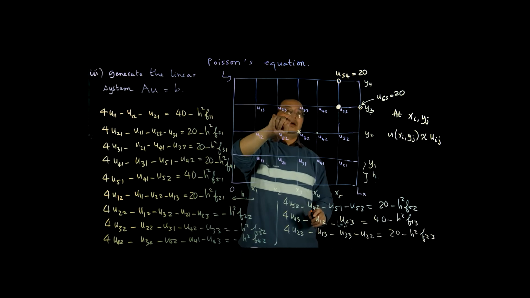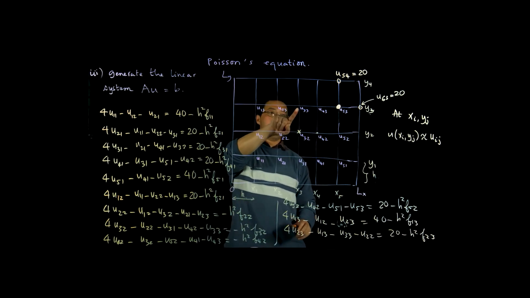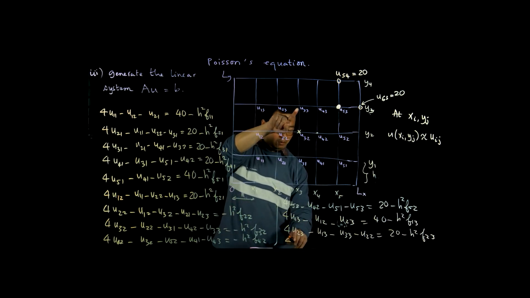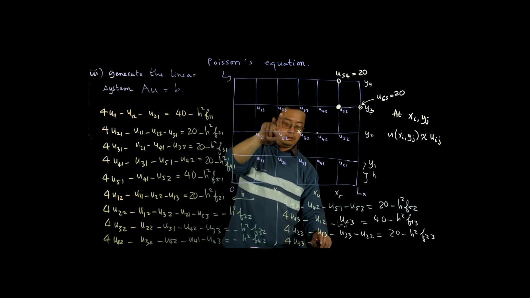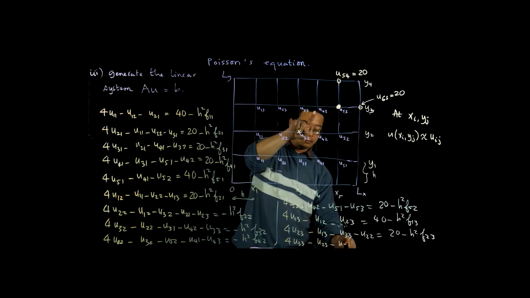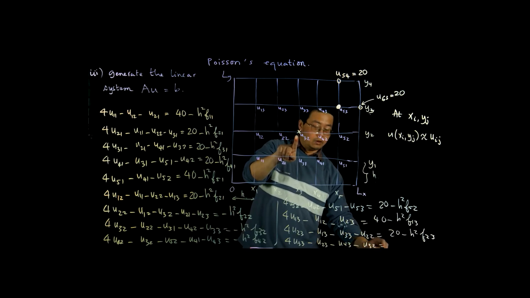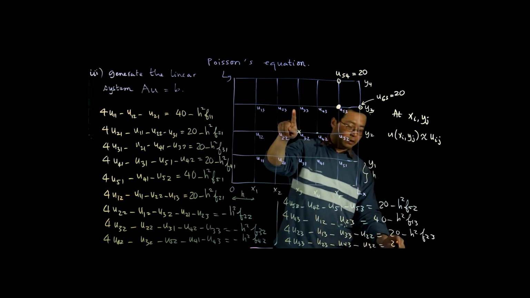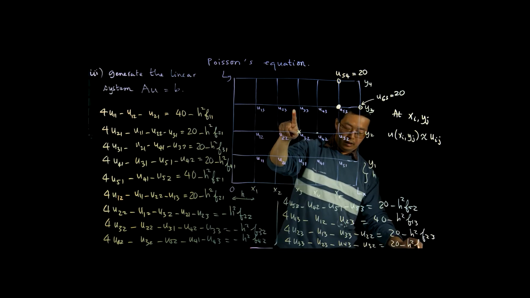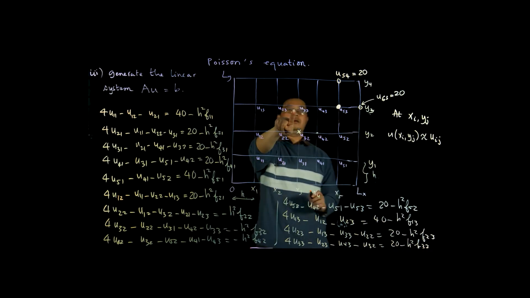And then you have U33, so 4 U33 minus U23 minus U43 minus U32 equal 20 minus h squared f33.